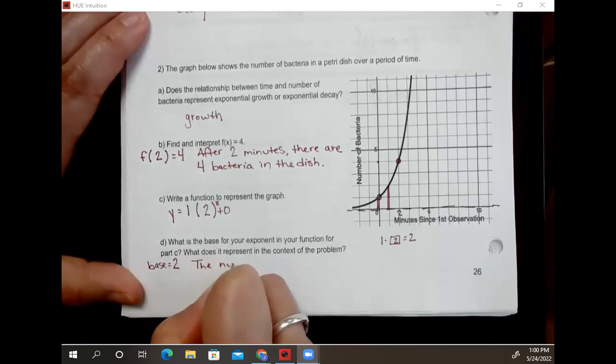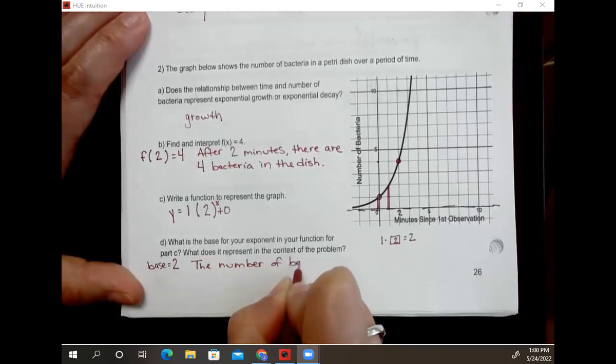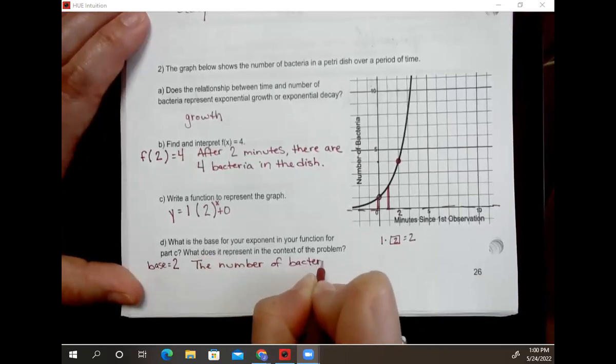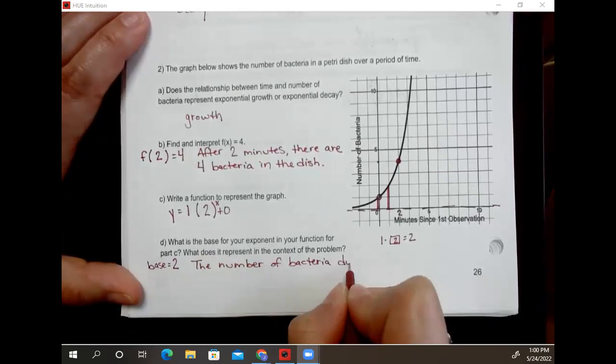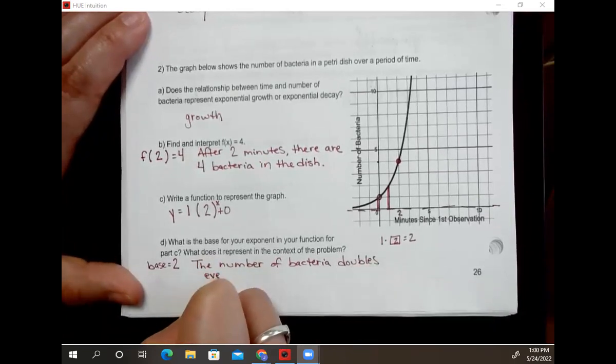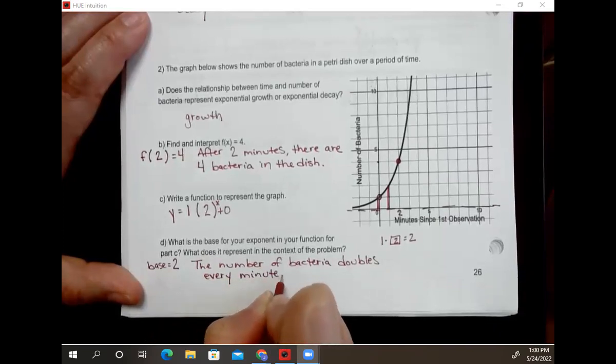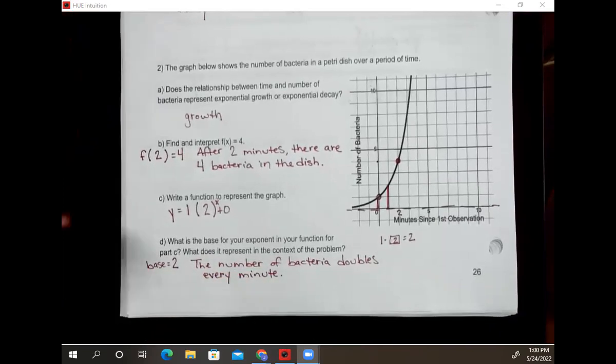The number of bacteria doubles every minute. Questions for me on number 2?